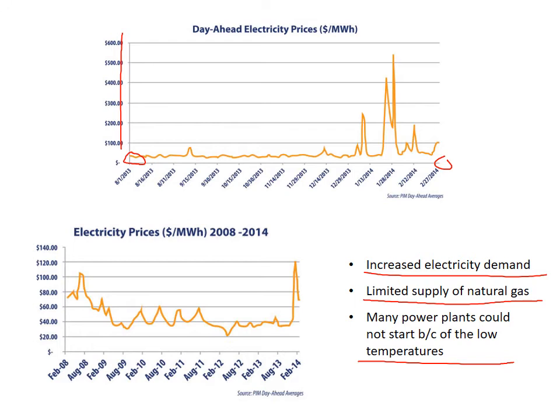And just to put that into some perspective, this figure down here shows you electricity prices over the last 7 years. And you can see they really crashed in the wake of the financial crisis. People were using less electricity.